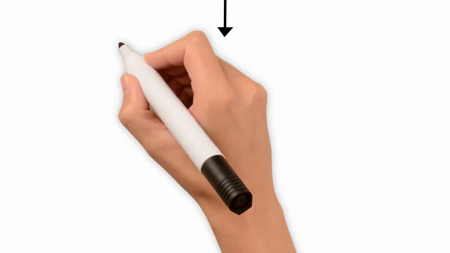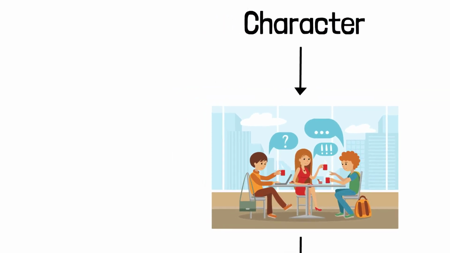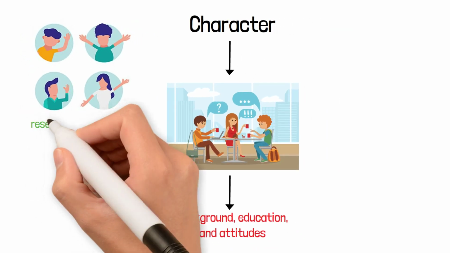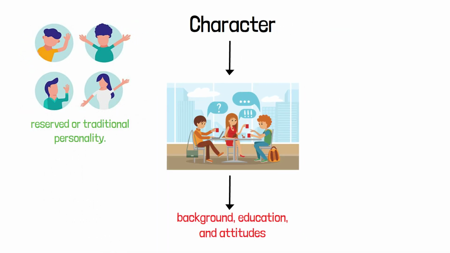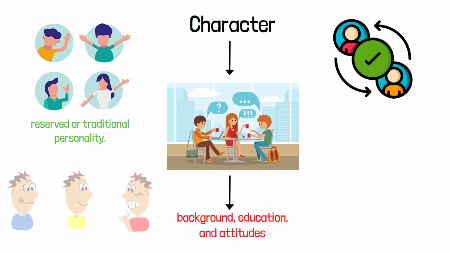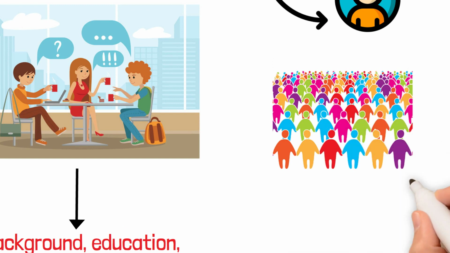The words a character uses, tone, and manner of speaking can indicate their background, education, and attitudes. A character consistently employing formal language might suggest a reserved or traditional personality. Observing how a character interacts with others, whether friendly, aggressive, or indifferent, gives insight into their social skills, empathy, and relationships.